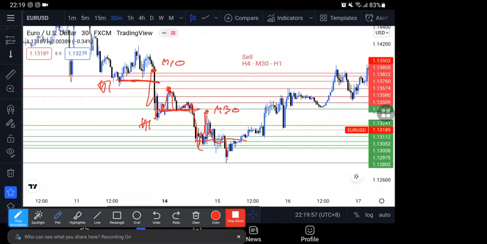So that's why when we are taking the entry, we drop into a lower time frame, so the risk that we are taking is much smaller. If we make a mistake at the lower time frame, we have no problem cutting the loss because it's just a small loss.